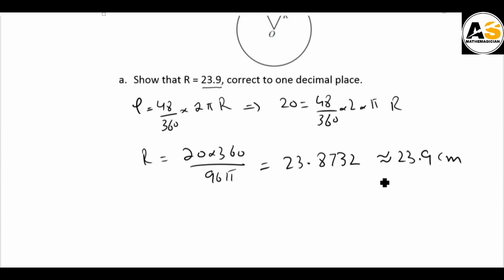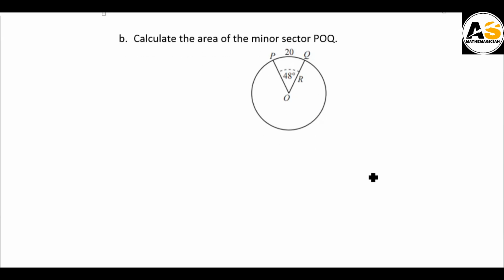In the second part, we have to find the area of this minor sector. What will we carry from part 1? From part 1, we know that R is equal to 23.8732. This we will carry from part 1. And we have to find the area of this minor sector. What is the formula for area of sector?